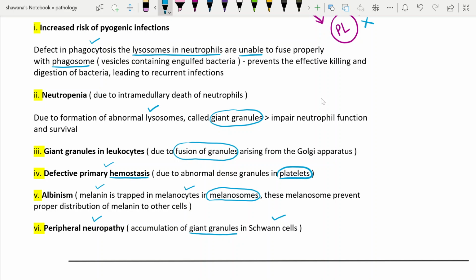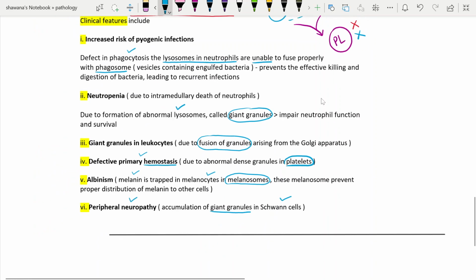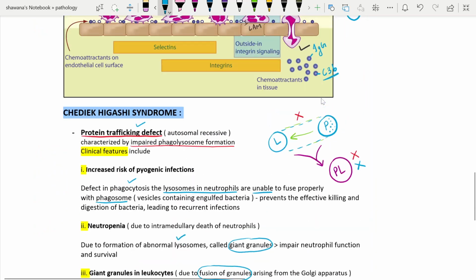In the increased risk of pyogenic infection, there are large lysosomes. In neutropenia, also giant granules. In defective hemostasis, there are granules in the platelets. In albinism, melanin is trapped. And in peripheral neuropathy, there are giant granules in the Schwann cells, so the nerve signals cannot be transmitted well.